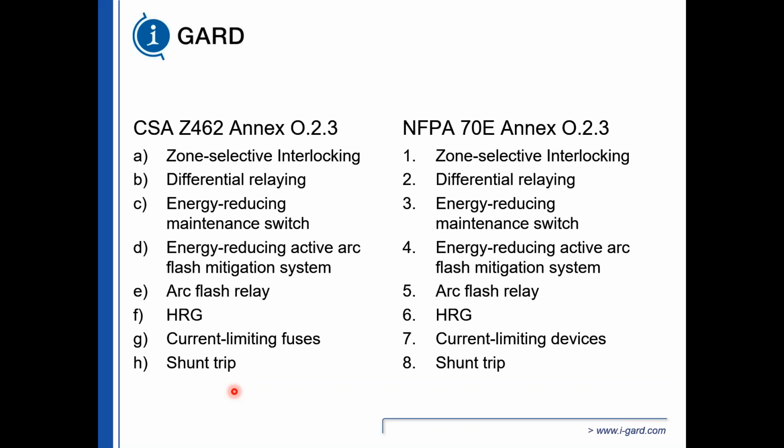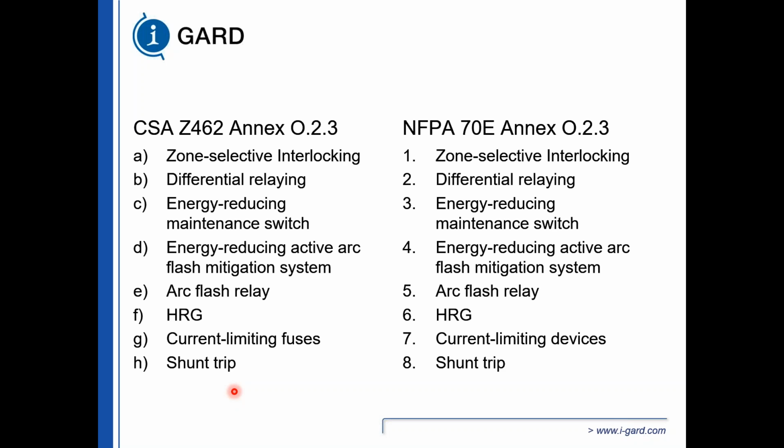That also means that closer and closer to your source, energy levels get higher and time delays get longer, unless you use something like zone selective interlocking, which removes the intentional time delay.